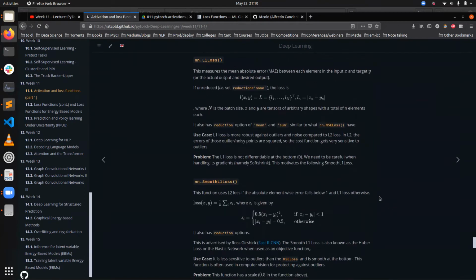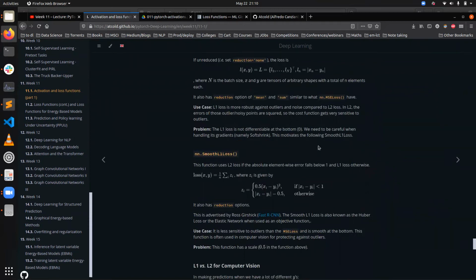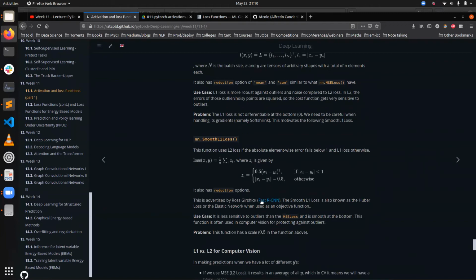Okay. So smooth L1 loss solves this problem. It uses L2 near 0. If the error is less than 1, we use L2 loss, and for far away losses we use L1 loss. This was used in Fast RCNN.